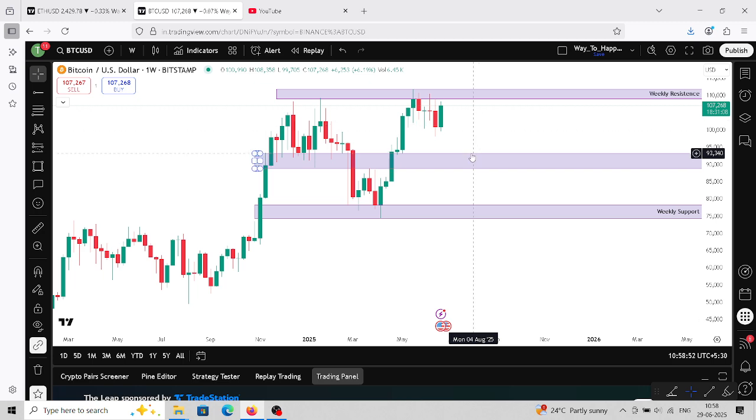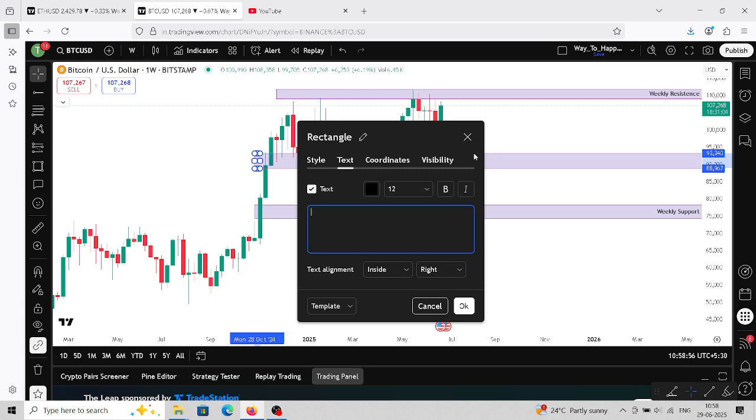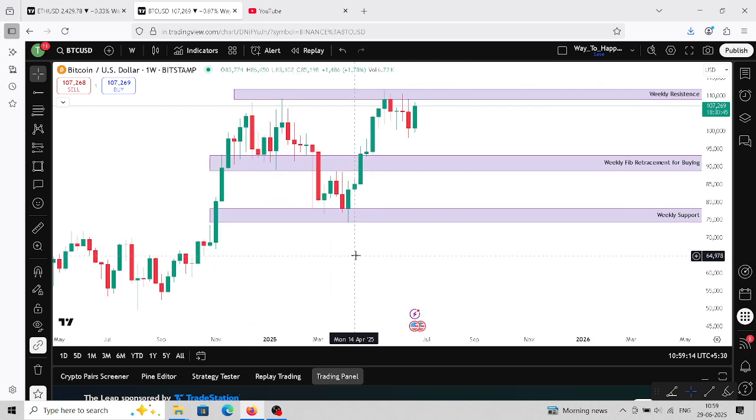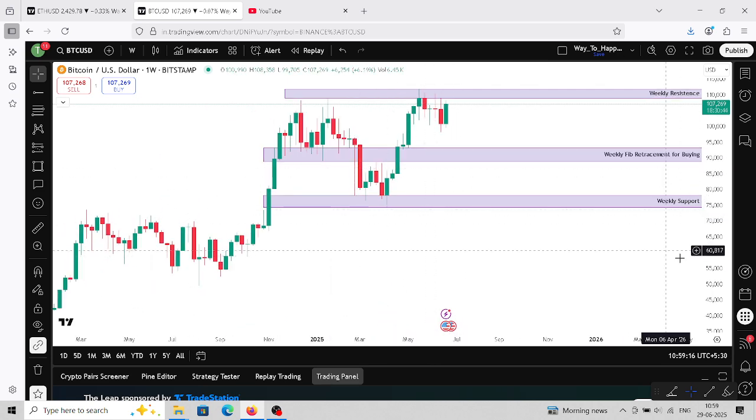This is my weekly fib retracement for buying. Why? Because the prices will come from here, take a U-turn, take the retracement, and go again for buying. Okay. Now, this is what we have for the weekly.